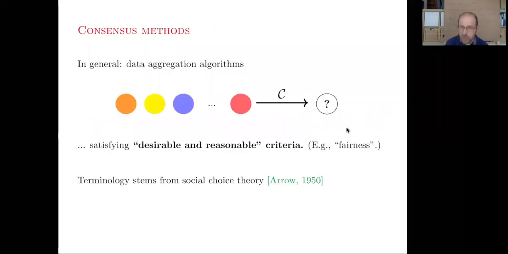Now, the origin of this whole thing, which also explains the name, is social choice theory, and the pioneering work was by Kenneth Arrow, who had the Nobel Prize in, I think, economics for this, or political science somehow. So in social choice theory, the natural example is elections.